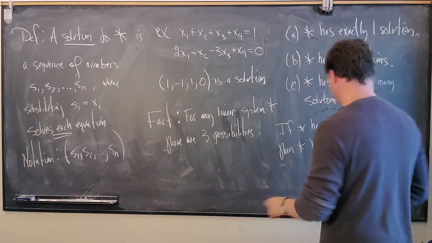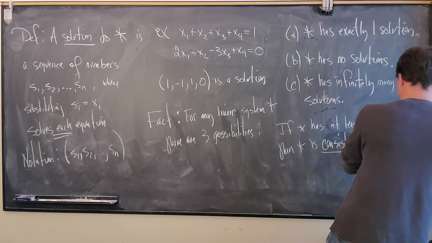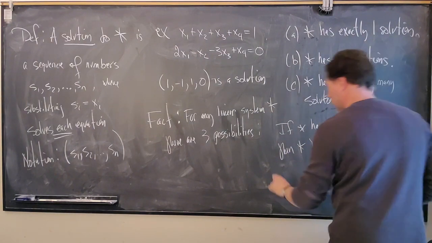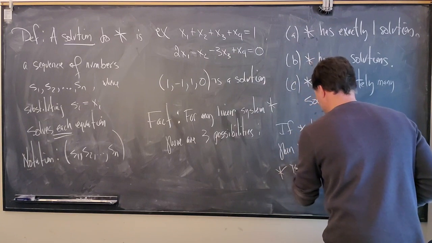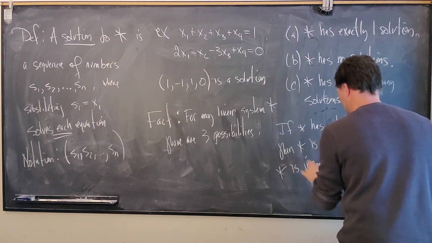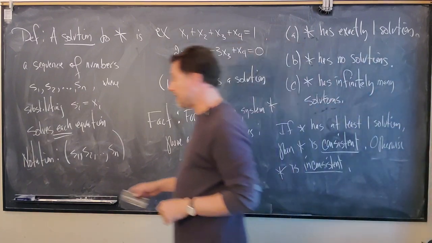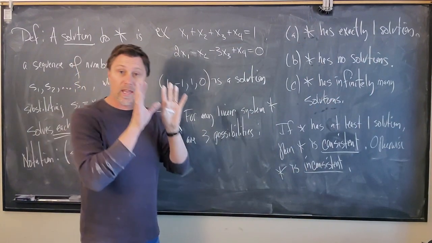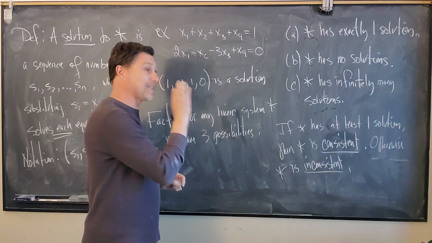If not, so otherwise, star is inconsistent. So no solutions means inconsistent. One solution or infinitely many solutions means consistent.